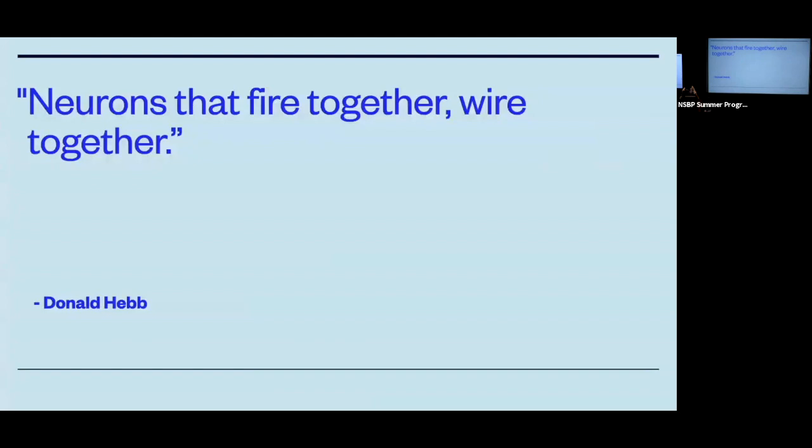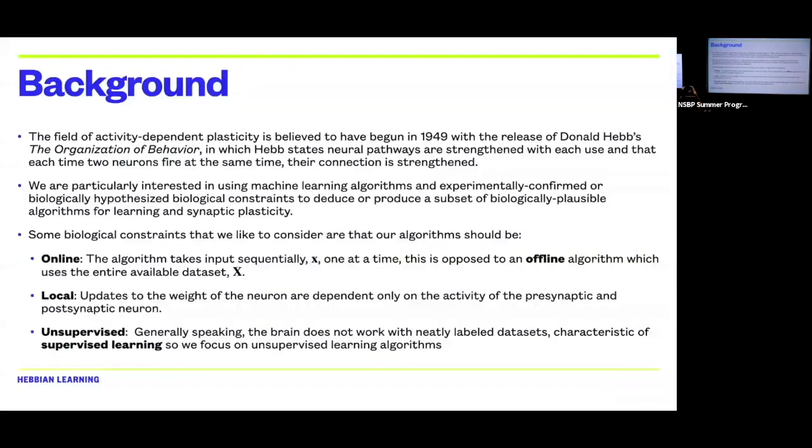And so we start off with one principle on algorithms for neural plasticity that states that neurons that fire together wire together. This began in 1949 with the publishing of Donald Hebb's Organization of Behavior, in which he essentially states that the synaptic strength between two given neurons is dependent on whether they fire together.